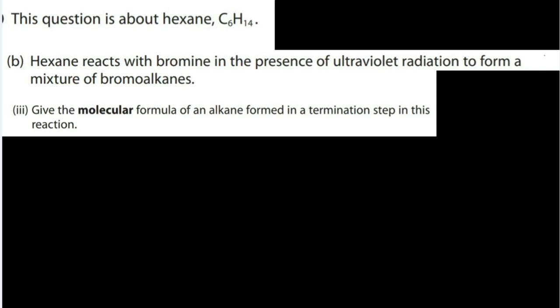Alright, the same question for hexane. Give the molecular formula of an alkane formed in a termination step in this reaction. So in a termination step, 2 radicals combine to form a stable molecule. So if we have 2 hexyl radicals, C6H13 plus C6H13 radical, these are hexyl radicals, they combine.